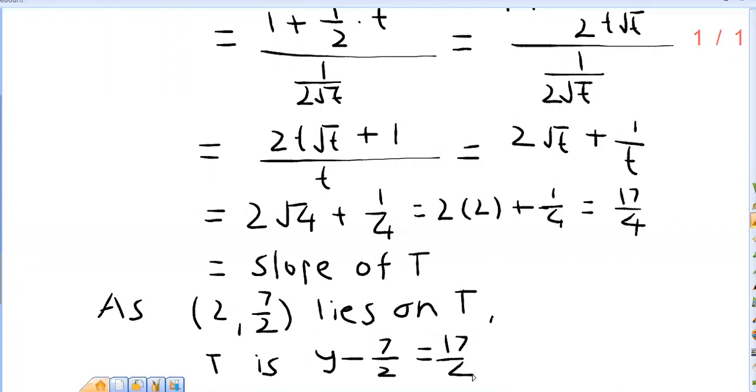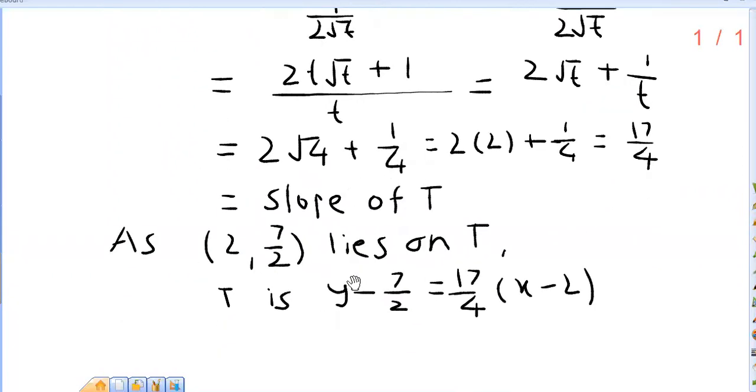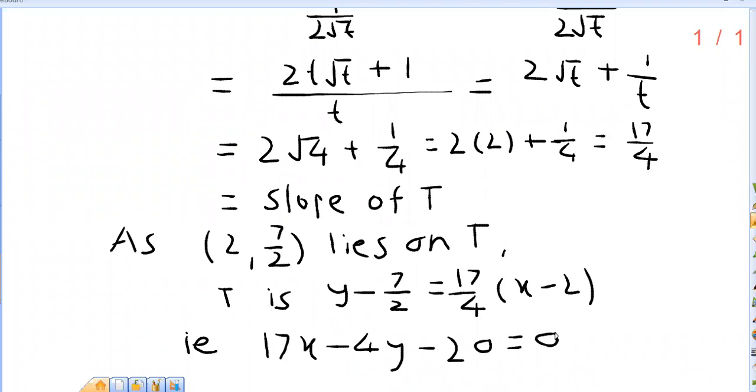It is 17 by 4, into x minus 2. Now you will have to simplify this. I will not explain simplification part. But what I would have done, I would have multiplied throughout by 4. So this is 17x minus 4y minus 20 equal to 0. So this is tangent.